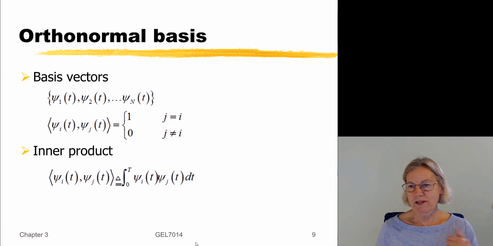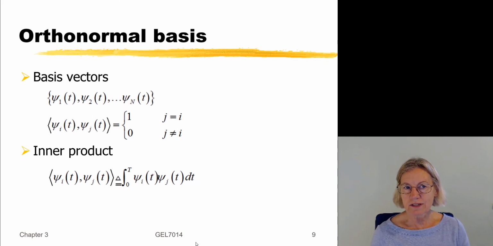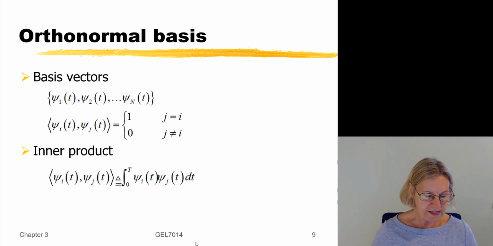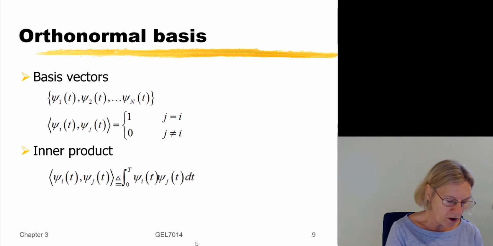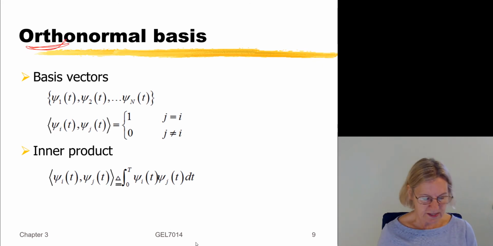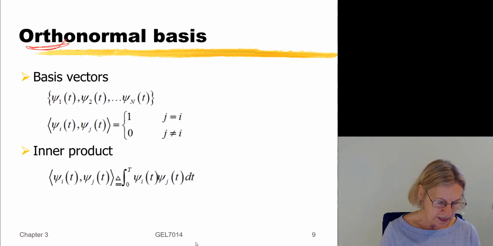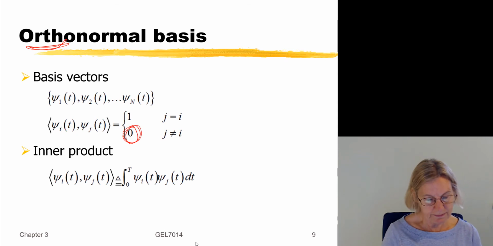So now let's get back to what a vector space is. A vector space is described by a collection of basis vectors. And of course, there doesn't have to be an orthonormal basis, but orthonormal bases are easier to work with. An orthonormal basis means that all the basis vectors are orthogonal to one another. So let's back up a little.